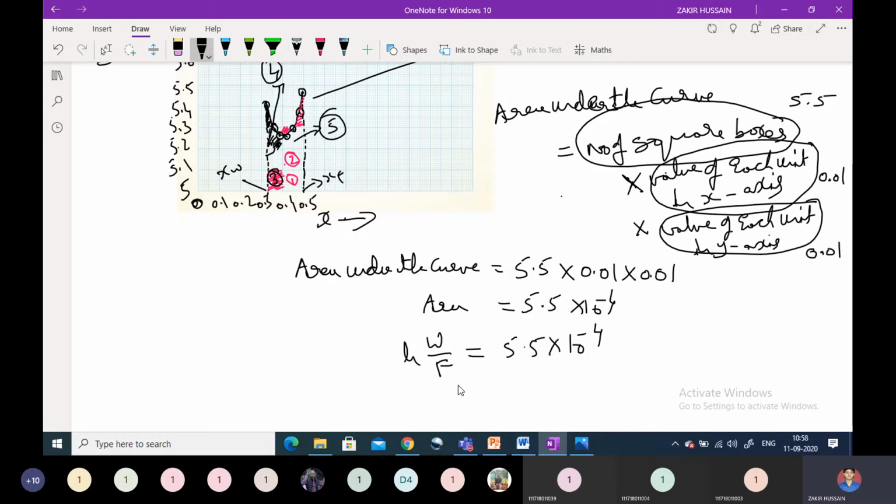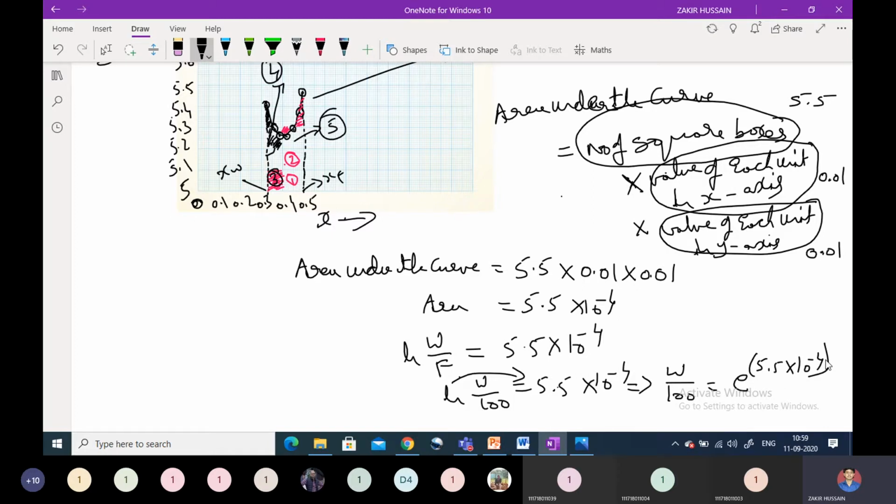You can send that ln to that side. We already know what is f. F is 100. So ln W by 100 is equal to 5.5 into 10 power minus 4. So ln you can send to this side. Then W by 100 is equal to e power 5.5 into 10 power minus 4.